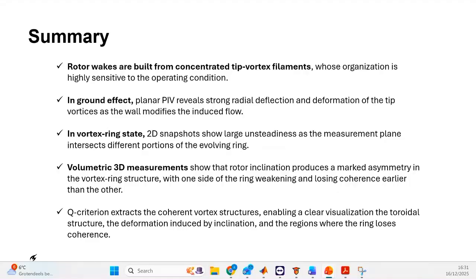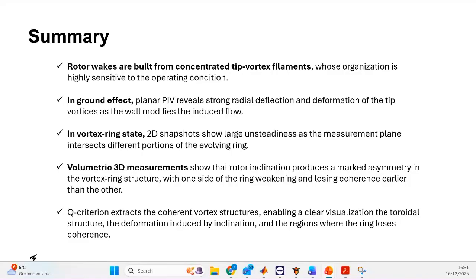And finally, vortex ring state: the 2D measurements allow us to show the large unsteadiness in a specific plane. And then we need to consider the 3D measurements, where we are able to see the asymmetric condition of our vortex structure.